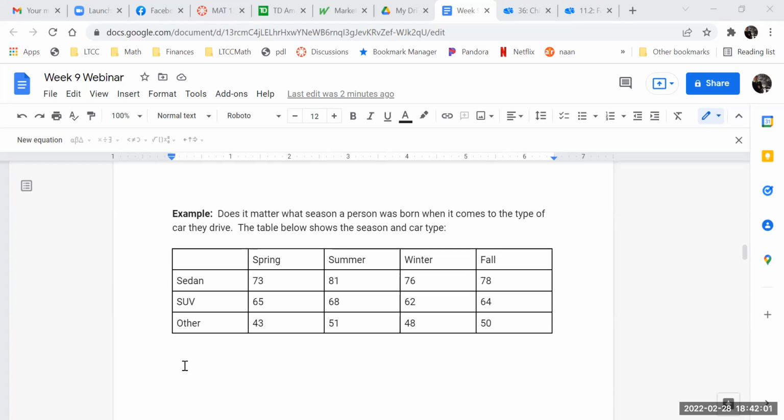Okay, there's 3 samples. Instead of one population, there's 3 categories. It's not quite it.